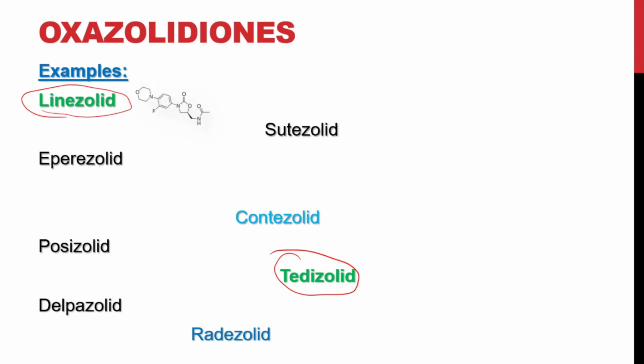Let's talk about linezolid. Linezolid was the first synthetic oxazolidinone which was developed. It was introduced in 1990 and approved in 2000. And since its approval, it is very commonly used in different conditions in the hospital.